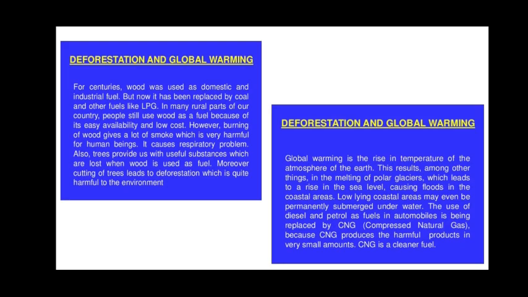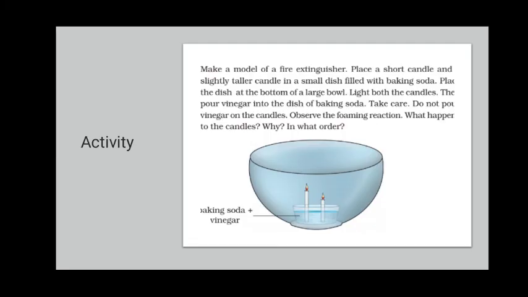This is an activity, students, which you have to do and present in your project books. It is a fire extinguisher. You have to create a model where you take a short candle and a slightly taller candle, and place them in a dish filled with baking soda.